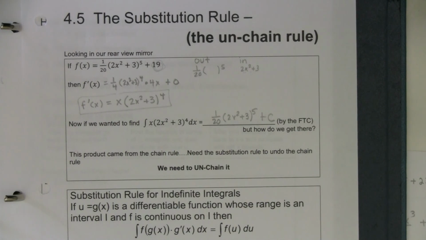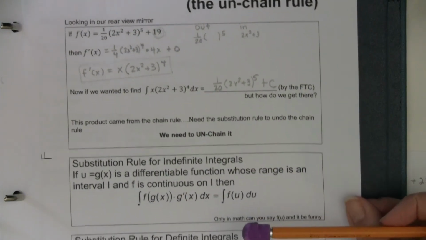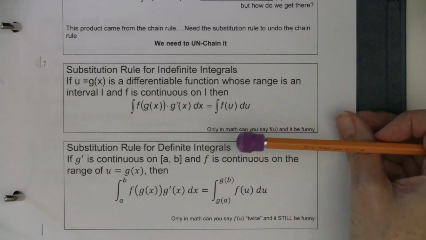And the answer is something called the substitution rule, or the unchained rule, if you will, because it's going to undo that chain rule. And so they give you a theorem.